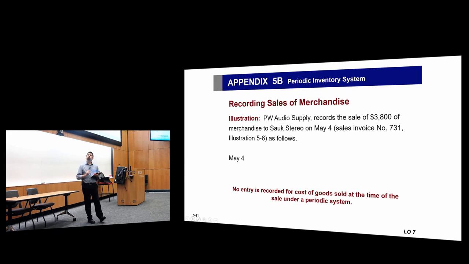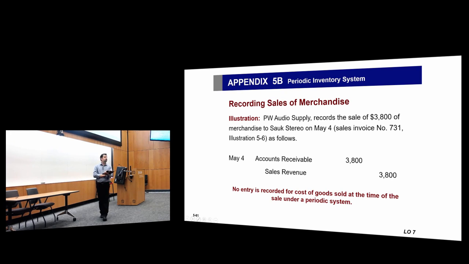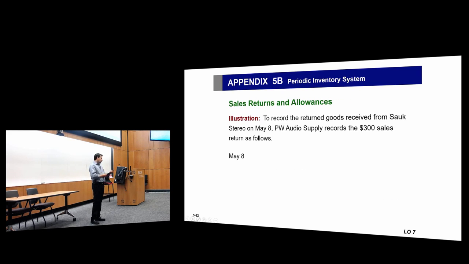The sales of merchandise is simpler here. Why? The company is not going to record the cost of goods sold and inventory, the second journal entry. So they will only record the sale and recognize the revenue. So it was accounts receivable debited $3,800 and we credited sales revenue $3,800. When the customer returns the product, what happens in this case?